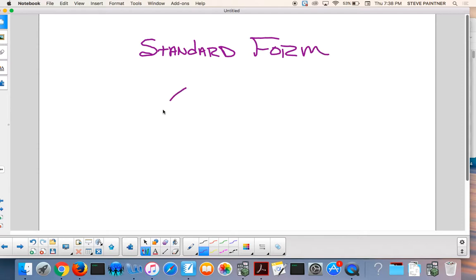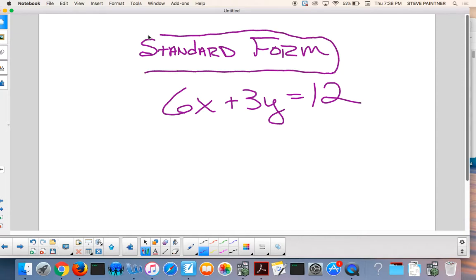And I'm going to make one up: 6x plus 3y equals 12. Okay? We call this standard form graphing. Standard form graphing talks about this. You're not going to get the slope. You're not going to get the y-intercept. But what you're going to get is this. You're going to look for the x-intercept. You're going to look for the y-intercept.